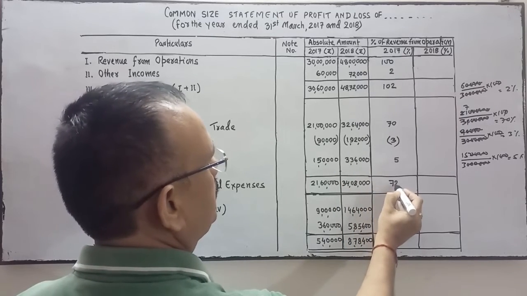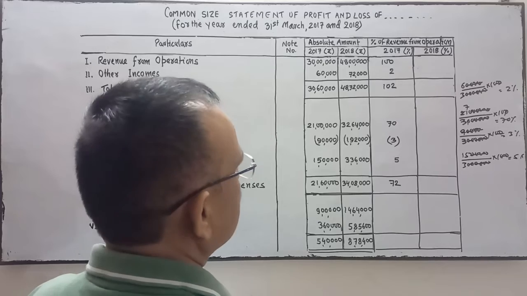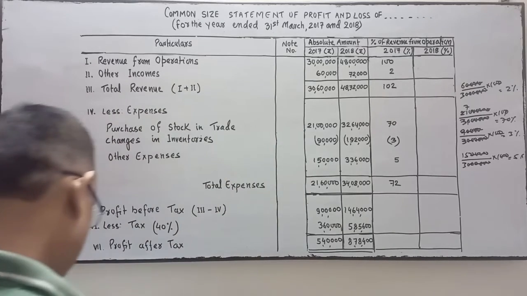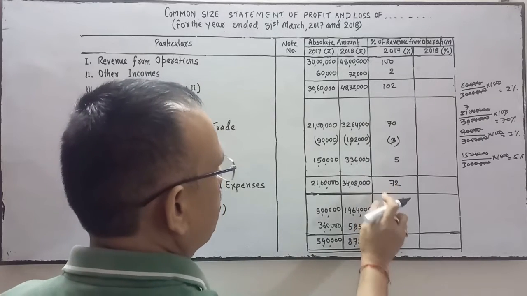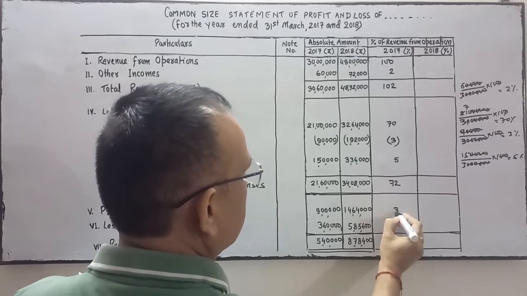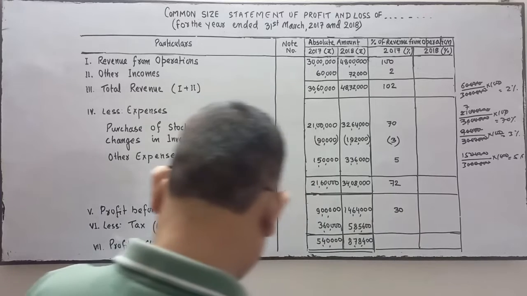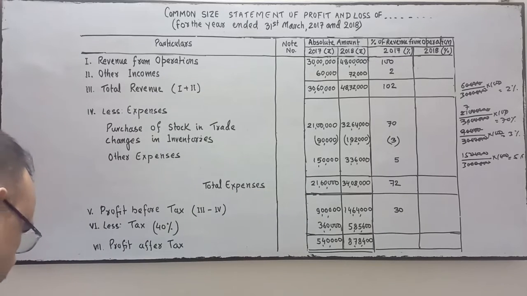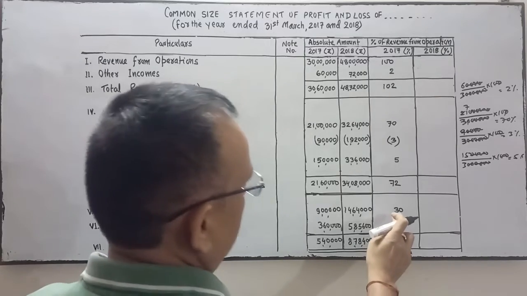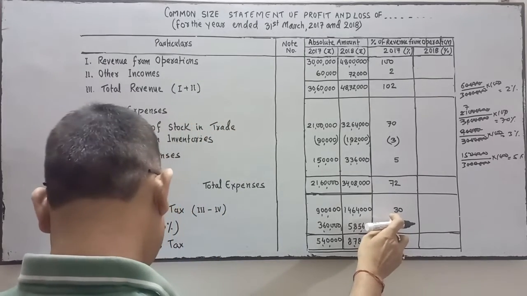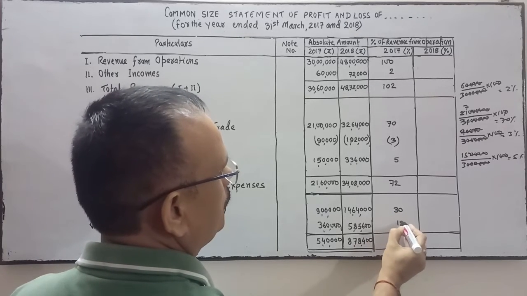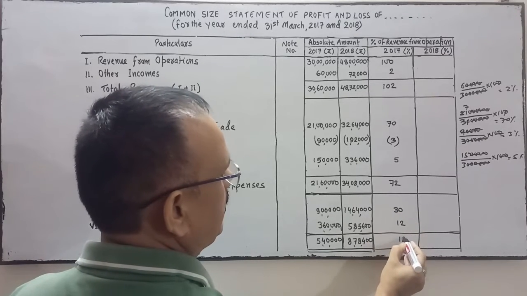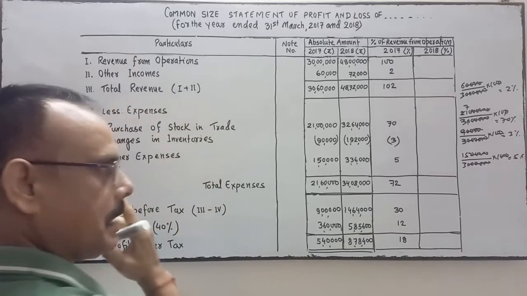How much will this be? 102 minus 72. Obviously this will be 30%. And 40% of this, 40% of 30 is 12. So it is 18.